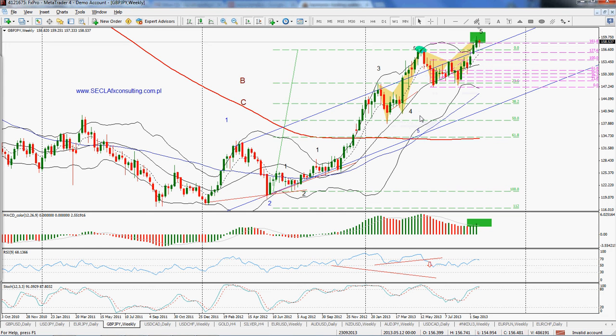At the beginning, a friend of mine sent me a software which allows you to identify those patterns on the charts automatically, and the software is looking for them for you. But what was the problem for me? I had many of them, hundreds of them, so I wasn't able to say which one is the correct one. So I said, okay, if I am able to identify them by myself, only by looking at the charts, I play them.